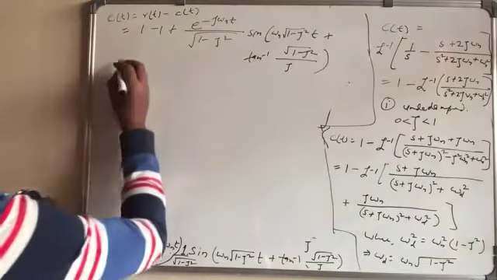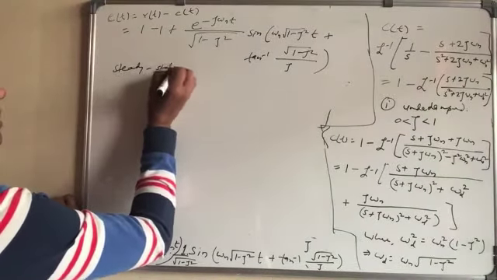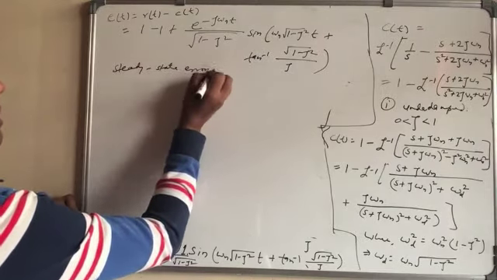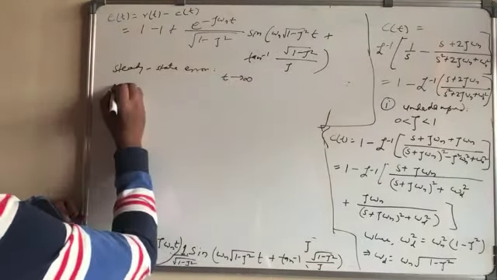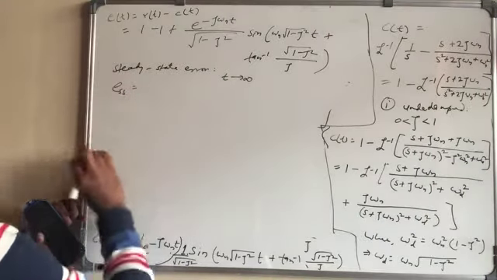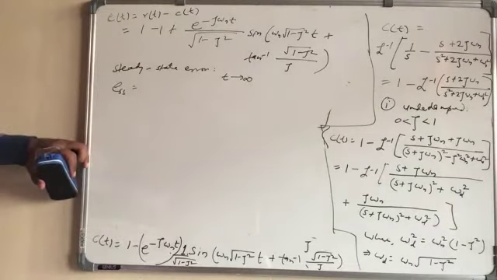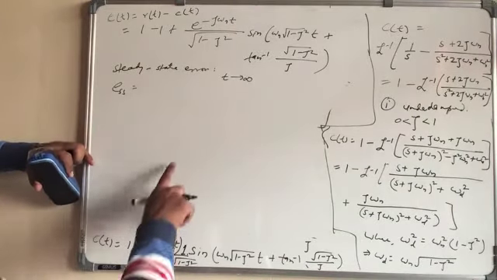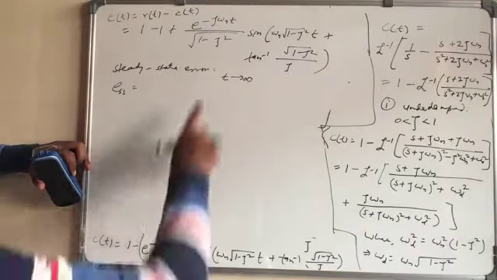Now a steady state error, if you want to find out, how do you do? It has to be at t tends to infinity, right? So E_ss in this case will be, at t goes to infinity, what value we get.